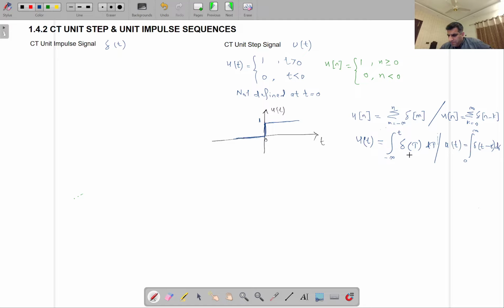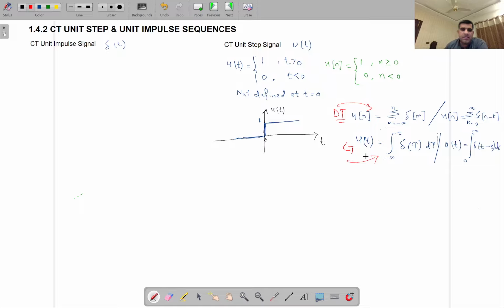So now you have two relations written for the continuous time domain. These ones were the discrete time domain formulas we already studied, and these ones are the continuous time domain formulas.